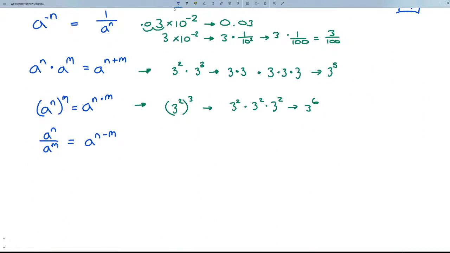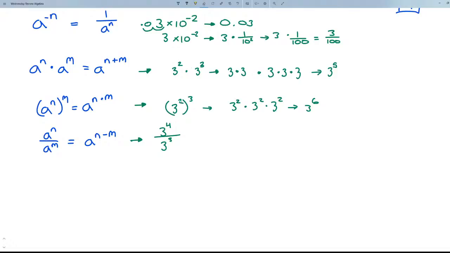The last one is the quotient rule. So that's saying if you have the same base, you can take your exponents and just subtract them. So let's take a look at that. So if I have 3 to the 4th over 3 to the 3rd.